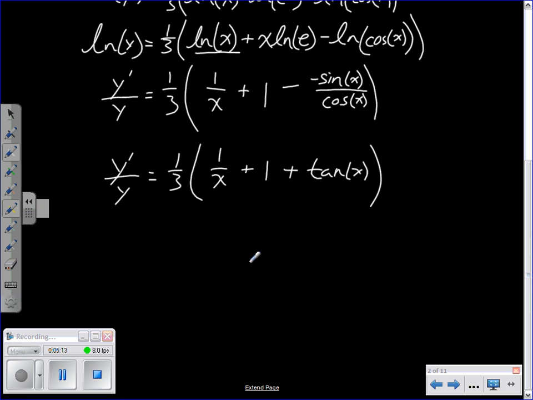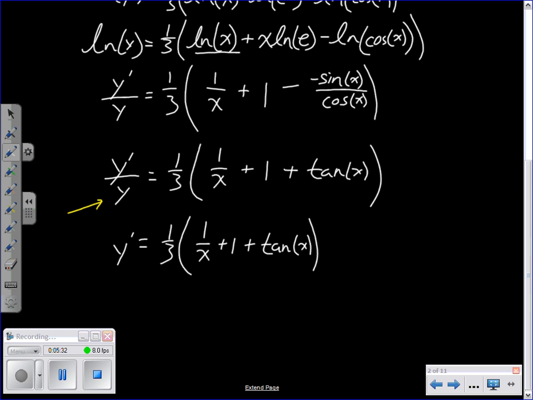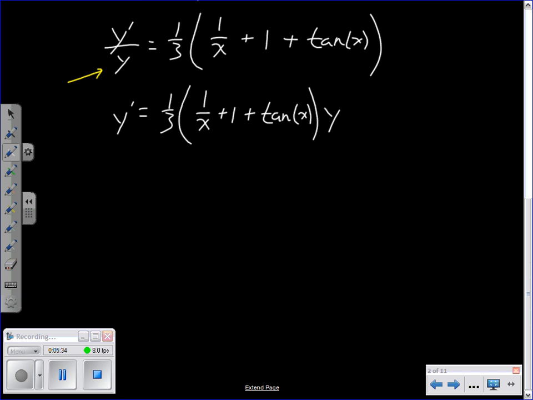So the trick here is I still have this pesky y in my answer. Well, what I'm going to do is multiply both sides by y. So y prime is equal to 1/3 times (1 over x plus 1 plus tangent x), and I'm going to multiply that by y. Well, what is this y?